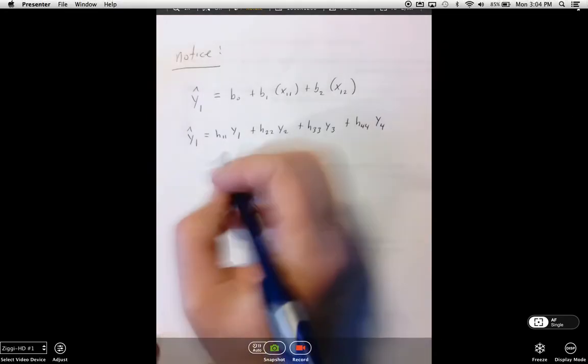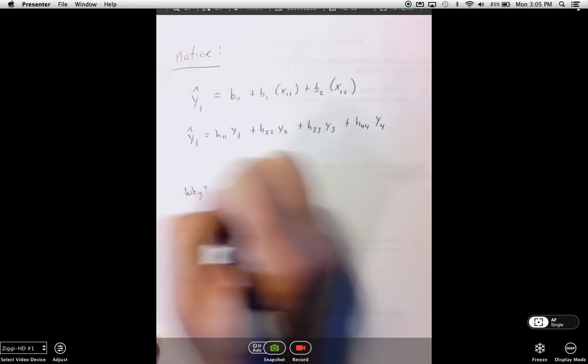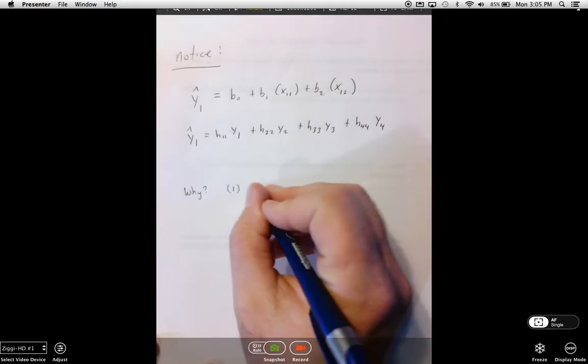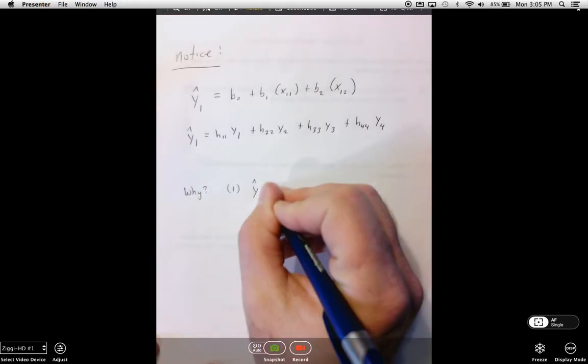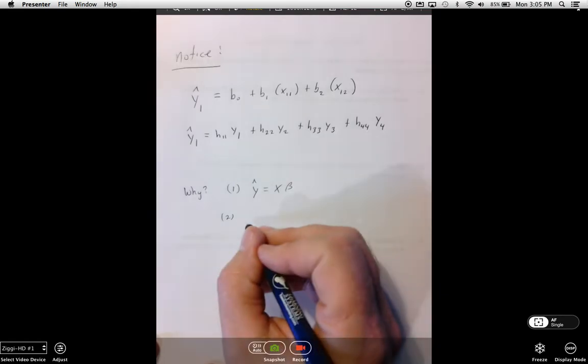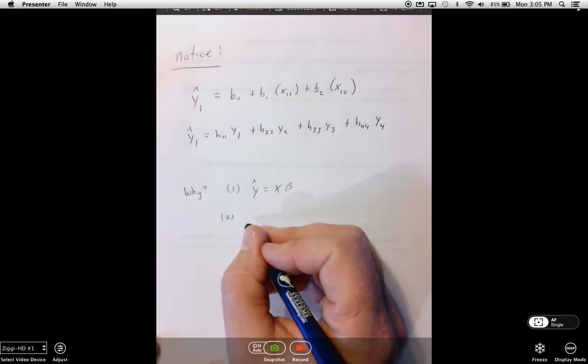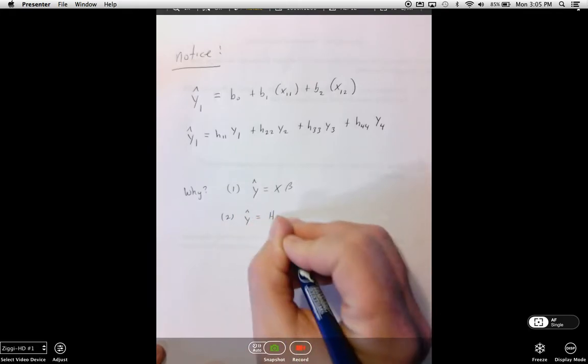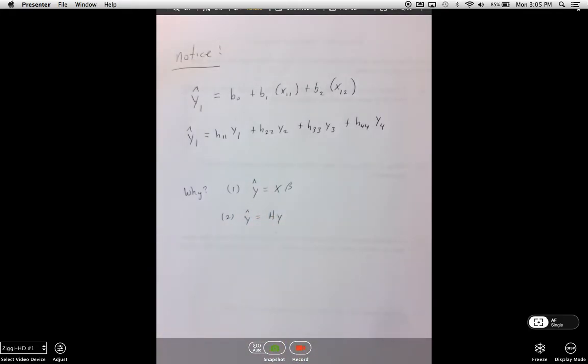Why? Well, the first one is our predicted value, which is x times beta, and our second is using our hat matrix, H times y's.